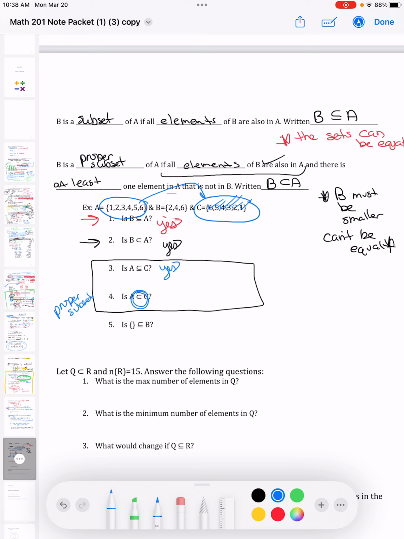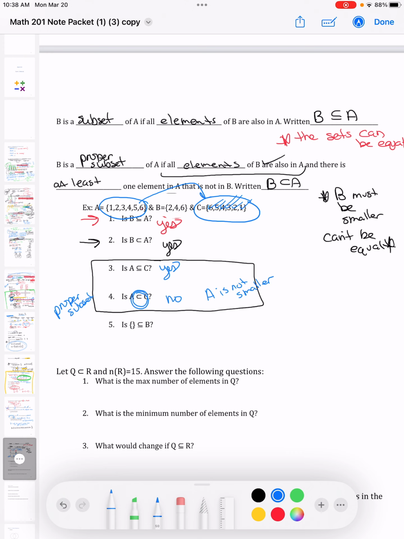That means it has to be smaller. You can even think about this like your inequalities from back in the day, where that says A has to be less than C. It's facing that same way. I know it's not the same symbol, but they are facing the same way. That's an important part of that. And so this one is not true. A is not a proper subset because they're equal. A is not smaller.